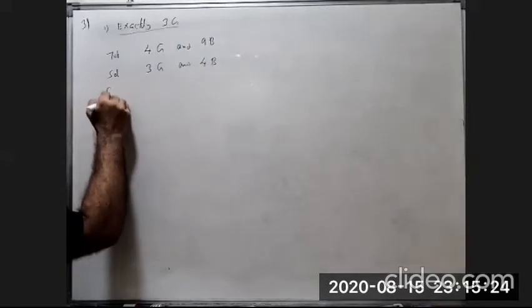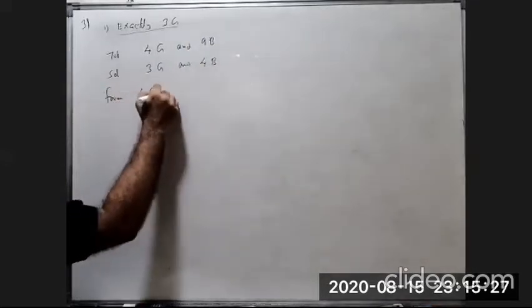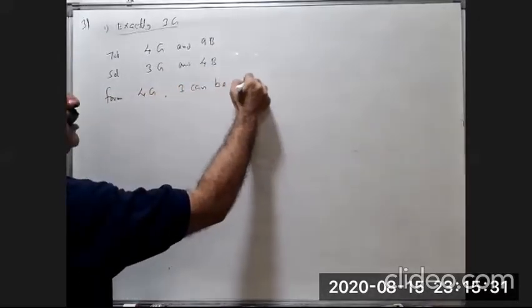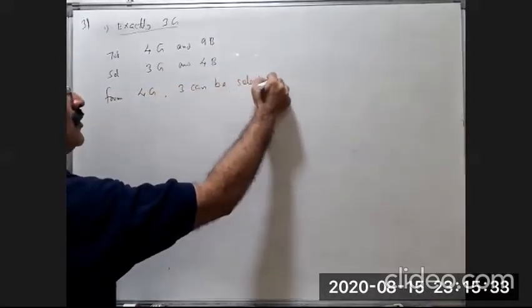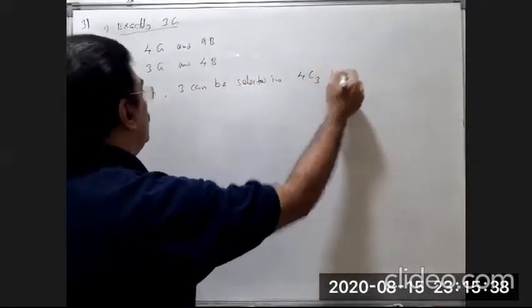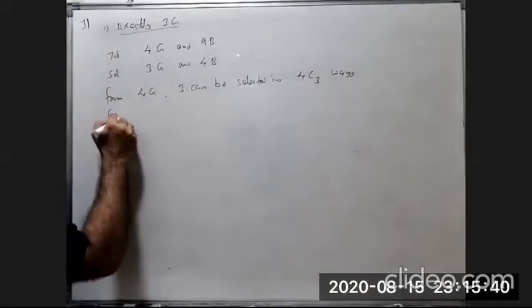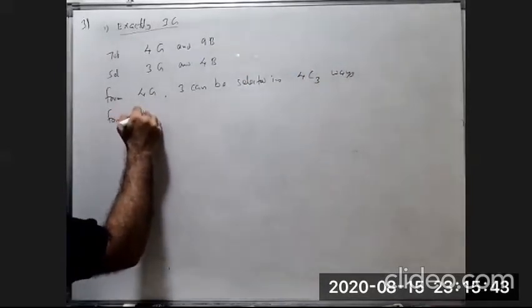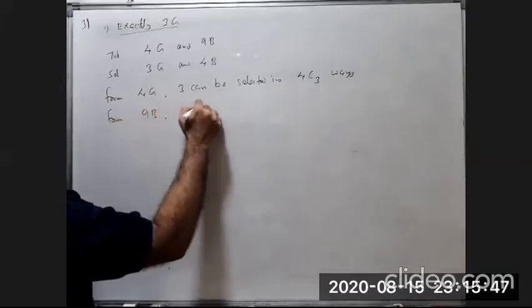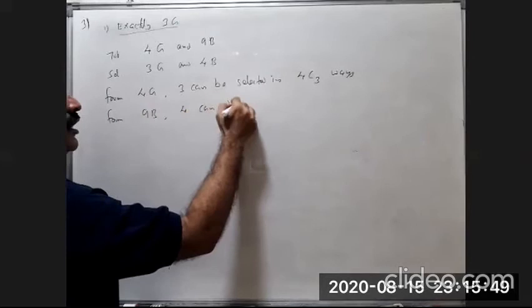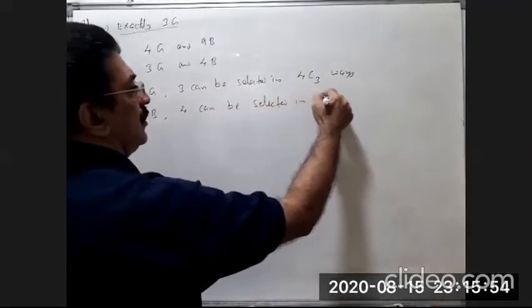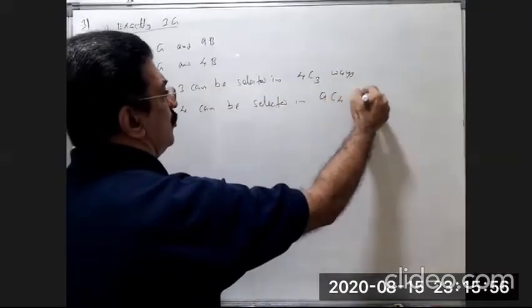So write it: from 4 girls, 3 can be selected in 4C3 ways. From 9 boys, 4 can be selected in 9C4 ways.